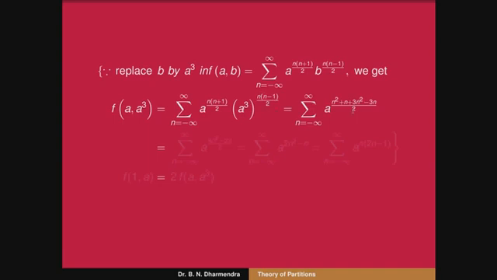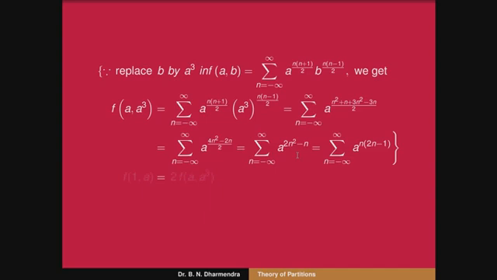The whole thing is divided by 2 in both cases, so n² + n + 3n² − 3n. Here the term becomes 4n² − 2n, because −3n plus n gives −2n, divided by 2.